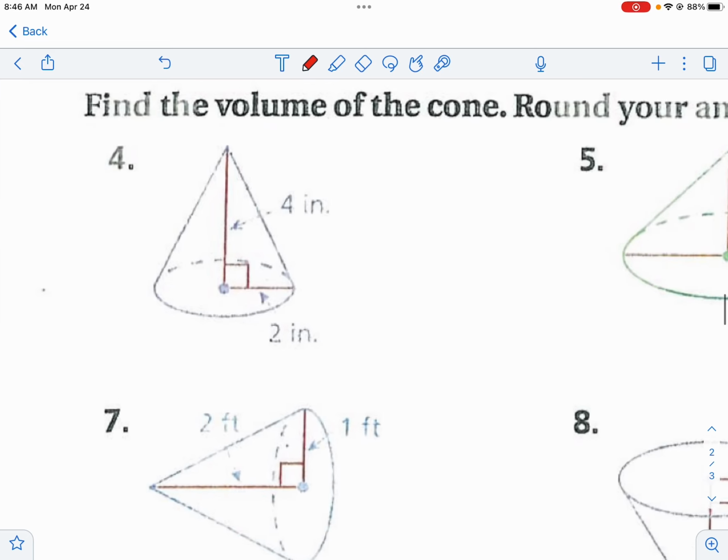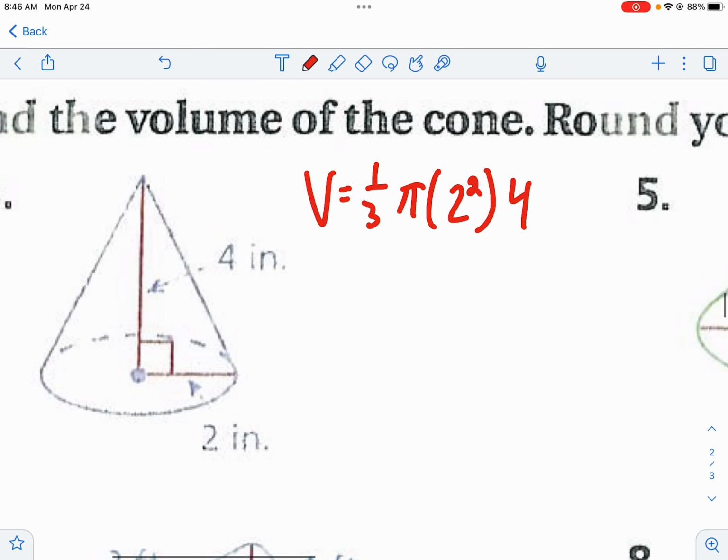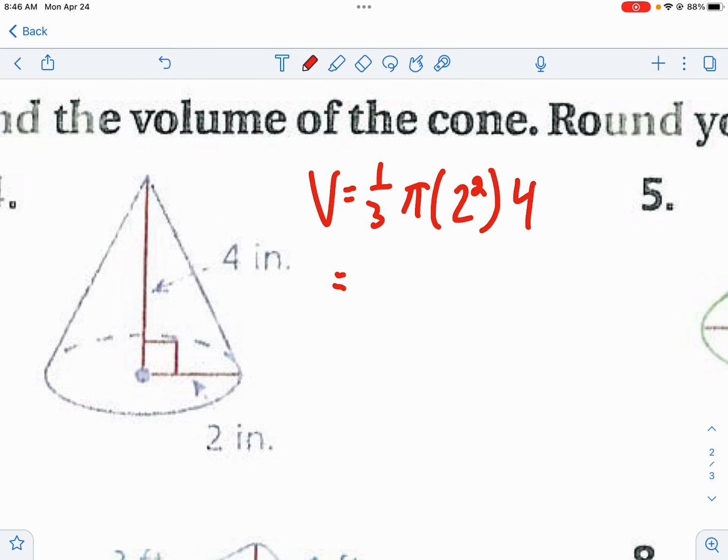Number 4, let's find the volume. Volume is 1/3 pi radius of 2 squared times the height of 4. That would be 16 times pi divided by 3 is 16.7 or 16.8 inches cubed.